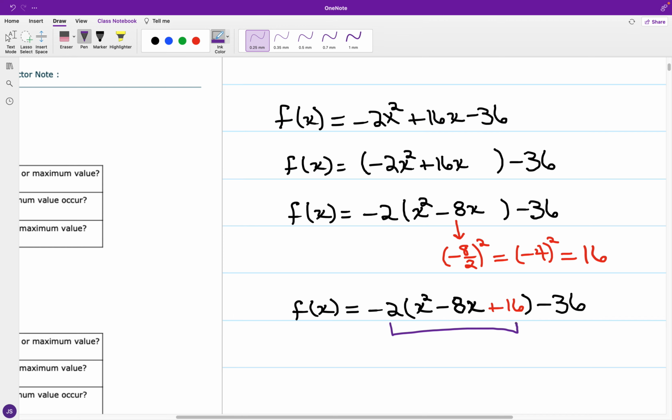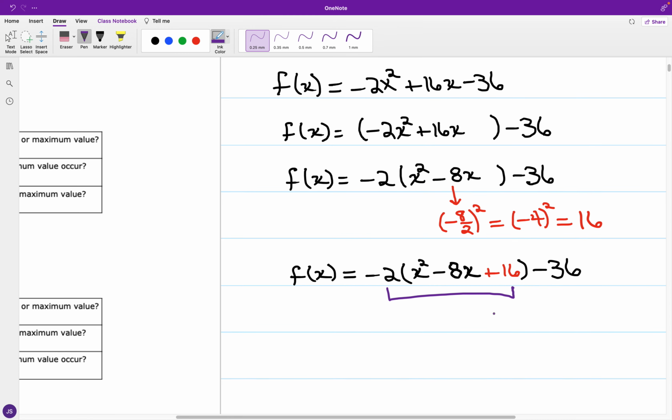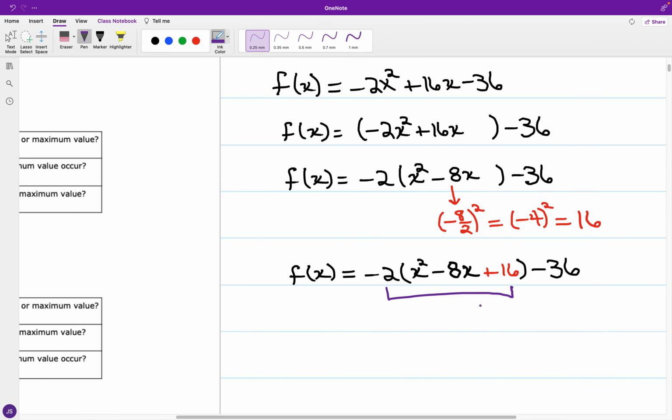Having completed the square, I got 16 that was added.